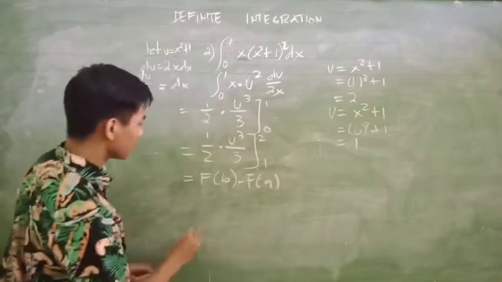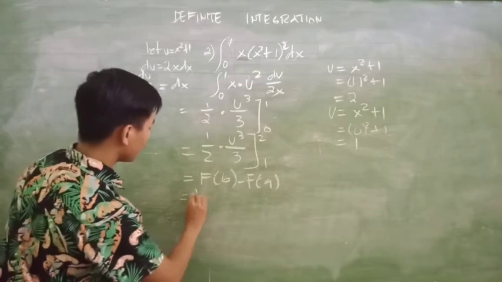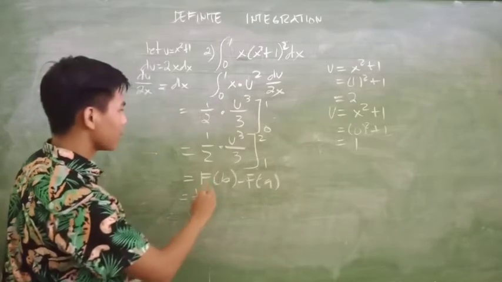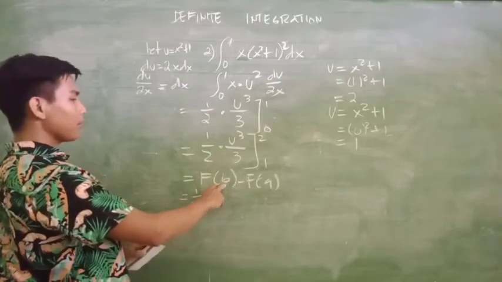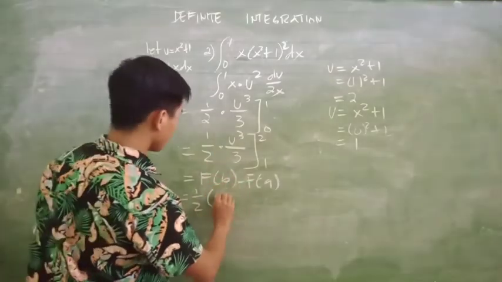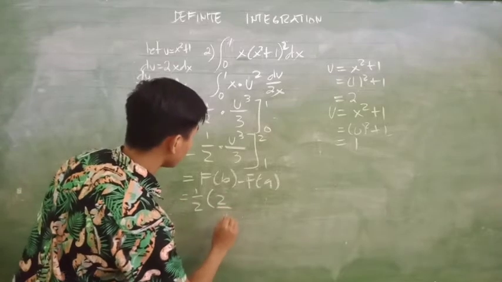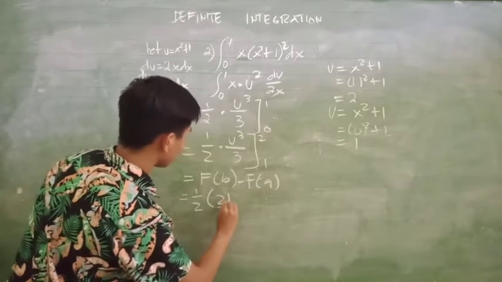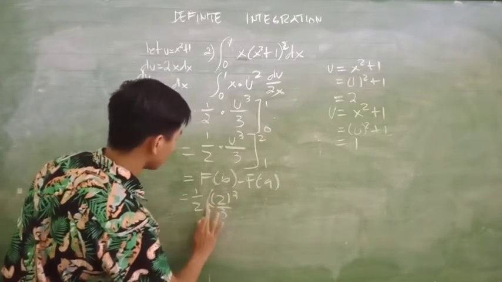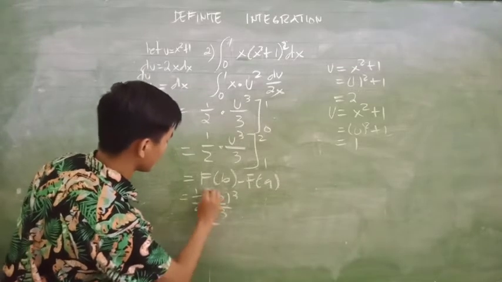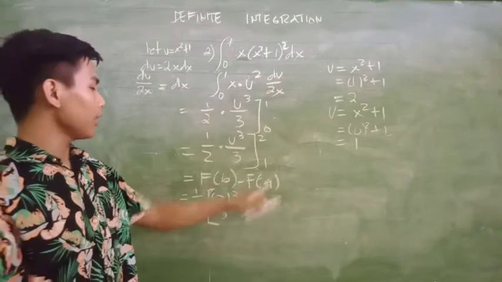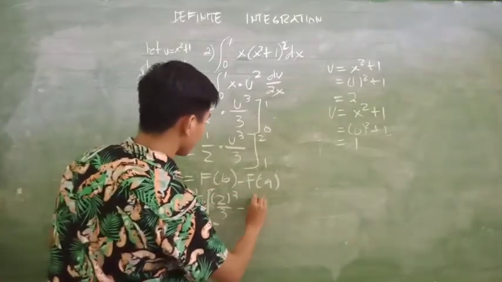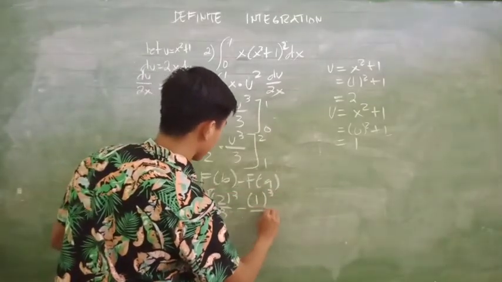So substitute, this would be 1/2 times our u cubed, our f of b is 2. This would be 2 cubed over 3, minus our lower interval is 1. So substitute 1 cubed over 3.